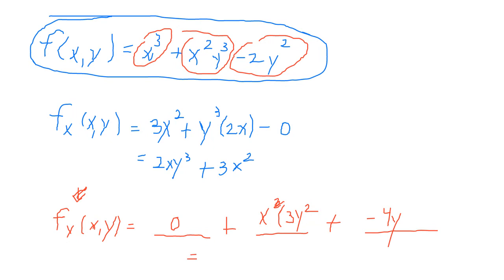So this is going to equal 3x squared times y squared minus 4 times y. Are there any questions on those partial derivatives?